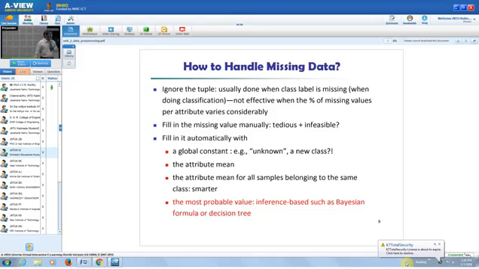Then the next thing is to replace it by the attribute mean. Suppose you have 10,000 records. Find the average value of the attribute and replace it by that.